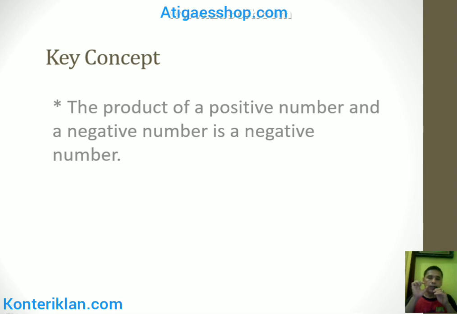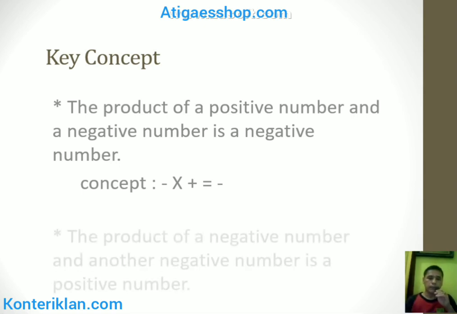If you find a positive number and a negative number in a question, it should be a negative number. This one is the concept. Negative multiply positive equals to negative.